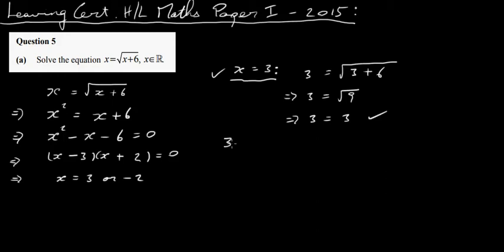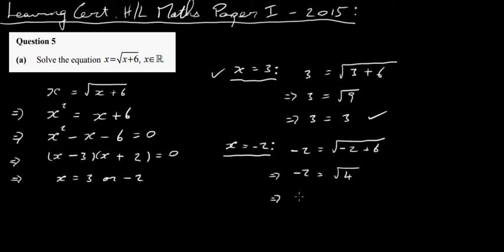Let's try the other one then, x is equal to minus 2. If we take x is equal to minus 2 and do exactly the same thing, stick in minus 2 where we've got x here, you get minus 2 is equal to the square root of minus 2 plus 6, which is 4.